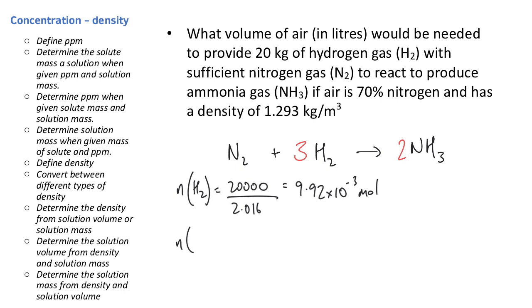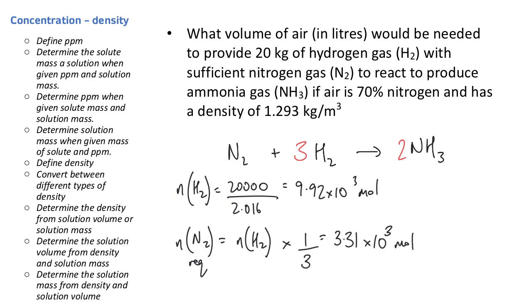Then I can work out the number of moles of N2 which I require, which will be equal to the number of moles of H2 times the stoichiometric ratio, unknown over known. So that one's going to equal 3.31 times 10 to the 3 moles.